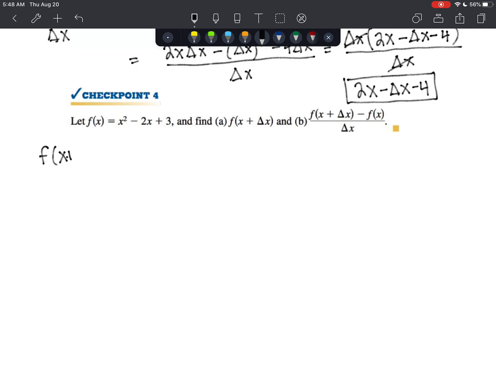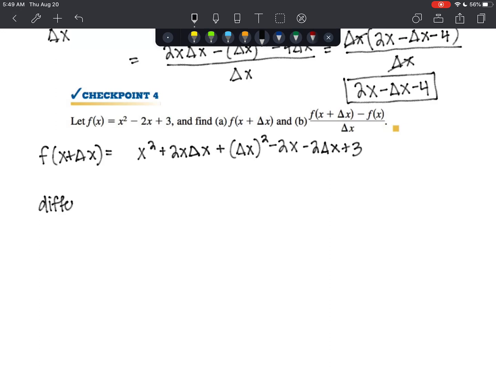Okay, for f of x plus delta x, I got x squared plus 2x delta x plus delta x squared minus 2x minus 2 delta x plus 3. Now the difference quotient, that's what this is called. You probably remember it from college algebra.